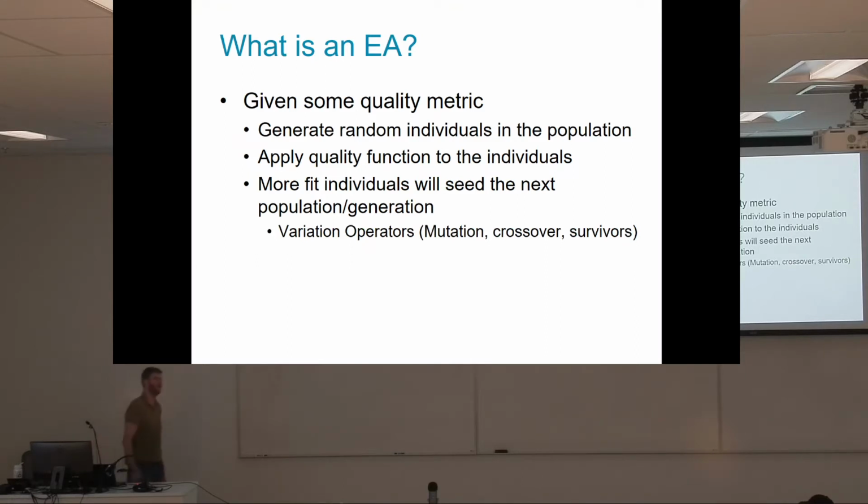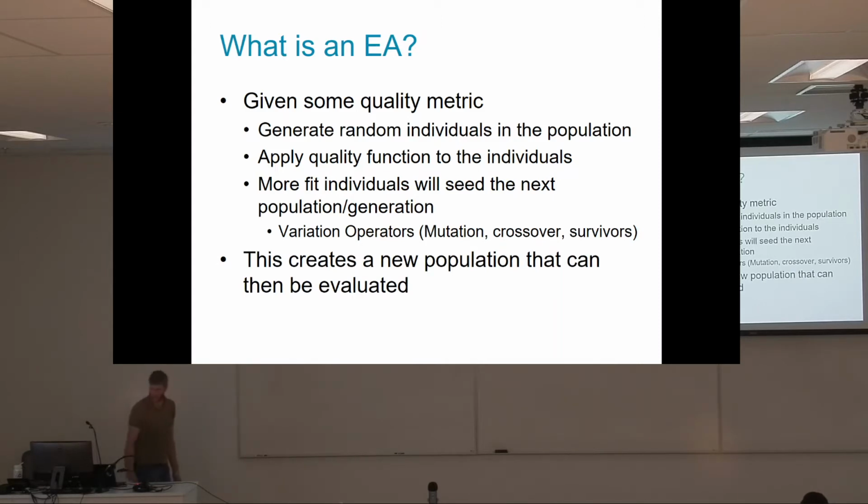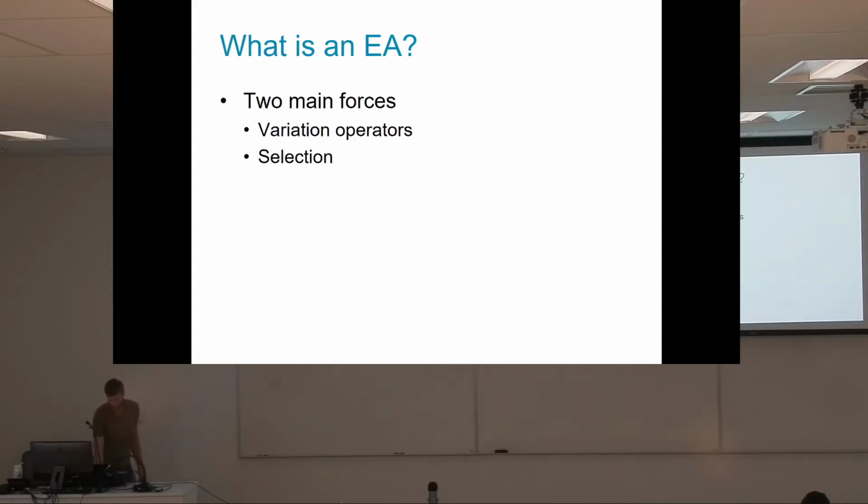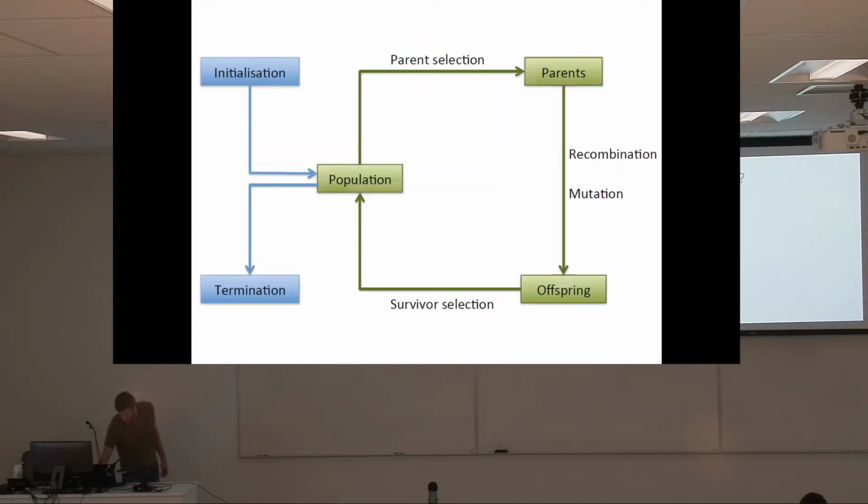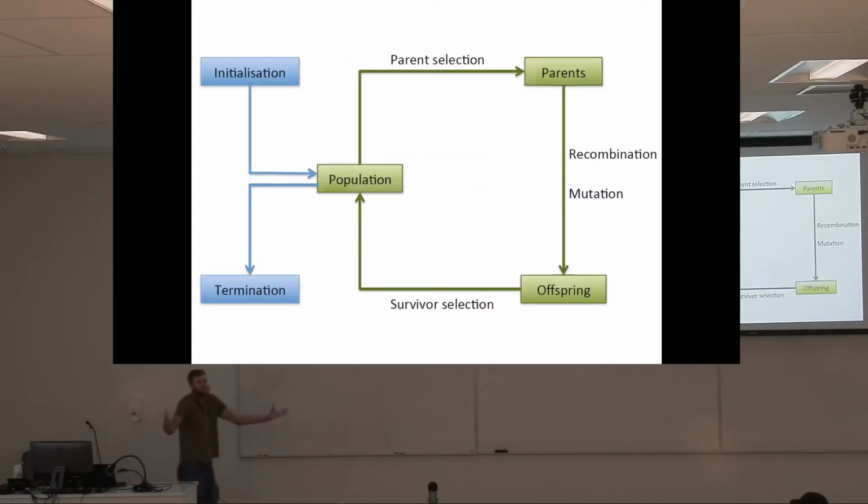We apply variation operations like mutation, crossover, survivor selection, which really isn't a variation operator, but more on those later. And then we create new populations. In other words, this is the whole idea. This is an evolutionary algorithm.